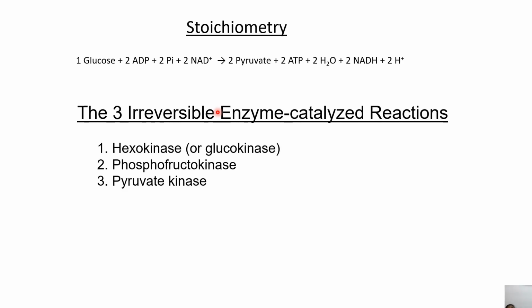This is how the stoichiometry looks: 1 glucose plus 2 ADP plus 2 Pi, that is inorganic phosphate, plus 2 NAD+ gives rise to 2 pyruvate, 2 ATP, 2 H2O and 2 NADH and 2 H+. Now the 3 irreversible enzyme catalyzed reactions are the hexokinase step or the glucokinase step, the phosphofructokinase step and the pyruvate kinase step.